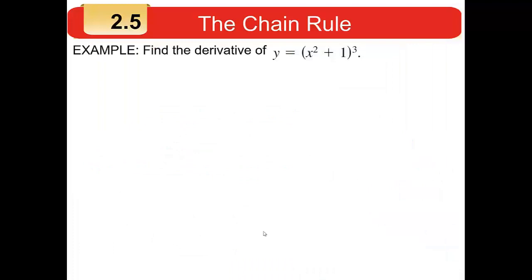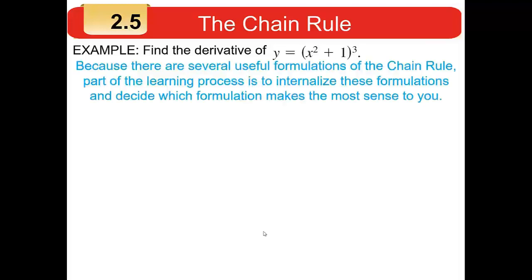Speaking of which, let's find the derivative, as a starting off point, of this function: y is equal to the quantity x squared plus 1 cubed. Now, according to the chain rule, we can take that derivative by applying whichever formulation of this makes more sense to me or to you, and use that formulation.